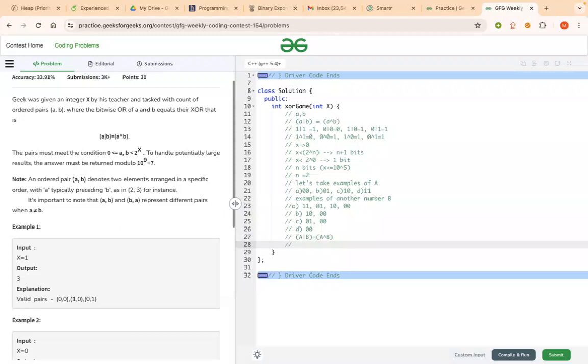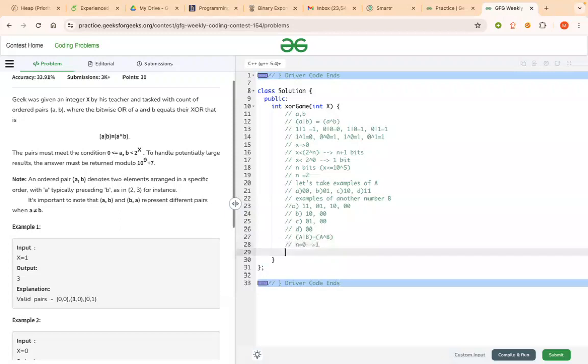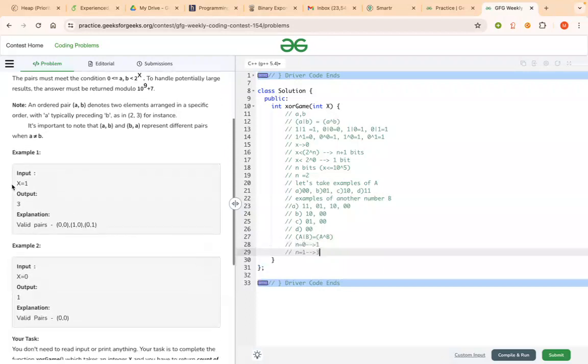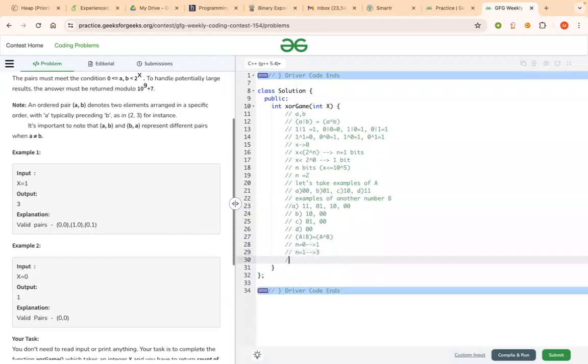So as we can see, for n equals to 0, it gives us 1. For n equals to 1, it gives us 3 options, which is explained in the example. And for n equals to 2, that is for 2 bits, it gives us 9. 9 pairs are there, right? So as we can observe, this is a power of 3. For n equals to 0, it is 1, that is 3 to the power 0.